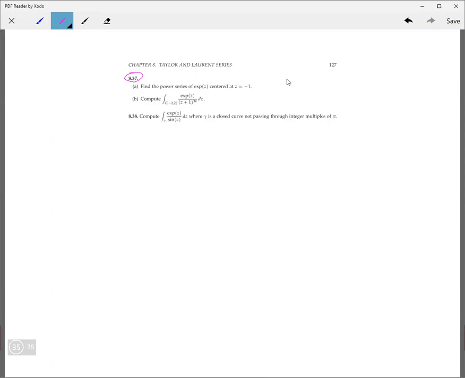What you can do is expand this about -1.